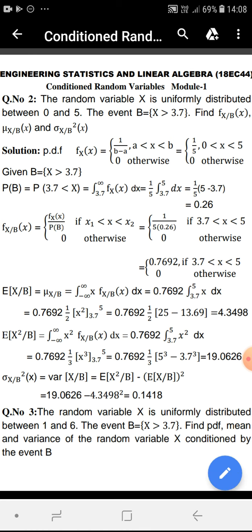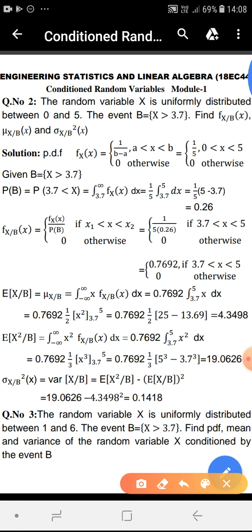So the integral remaining is the integral from 3.7 to 5 of x square times the conditional probability density function, which from 3.7 to 5 is 0.7692.